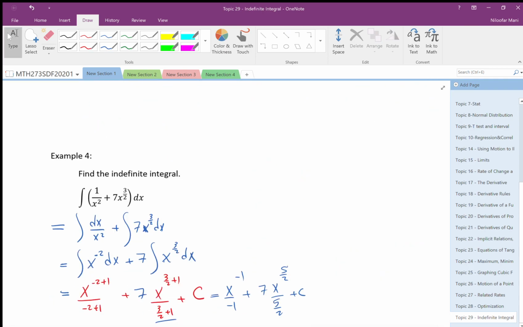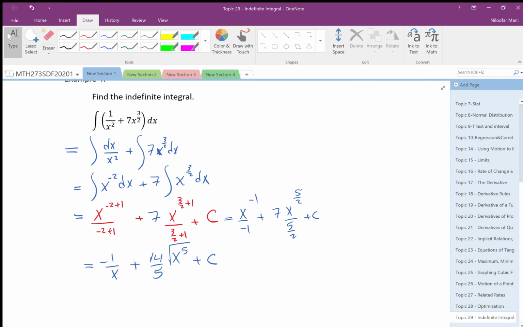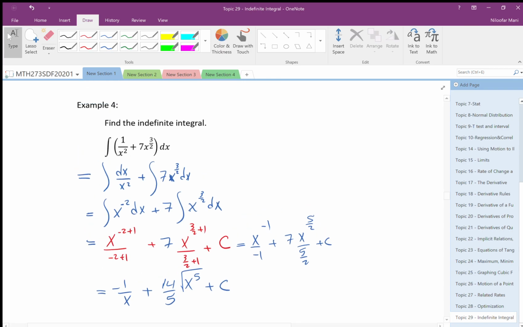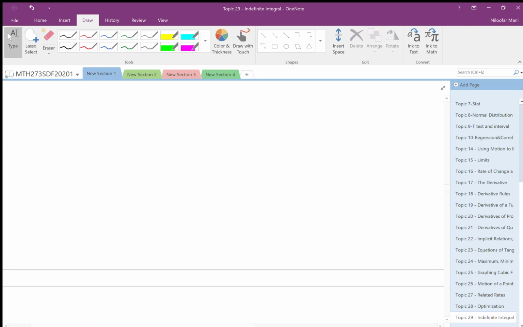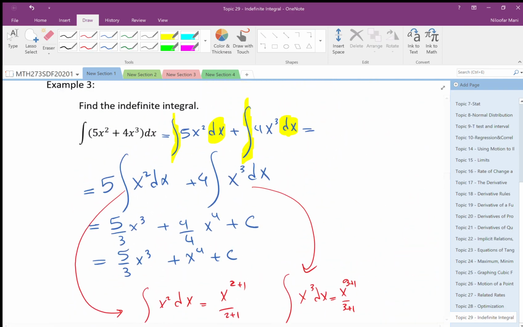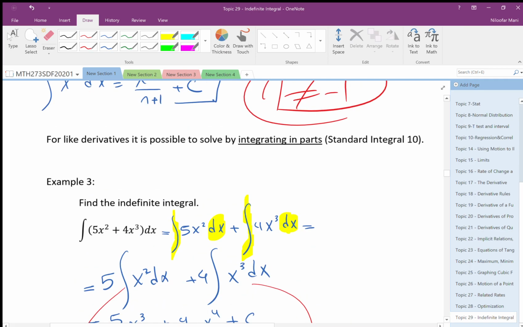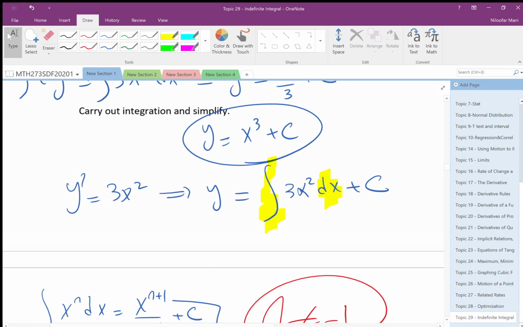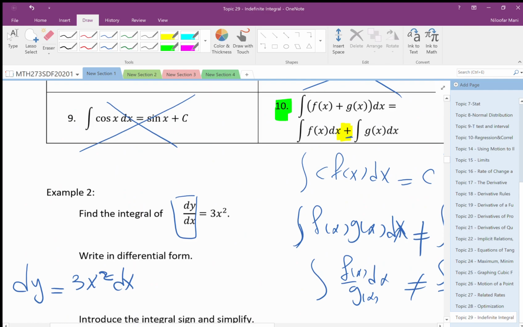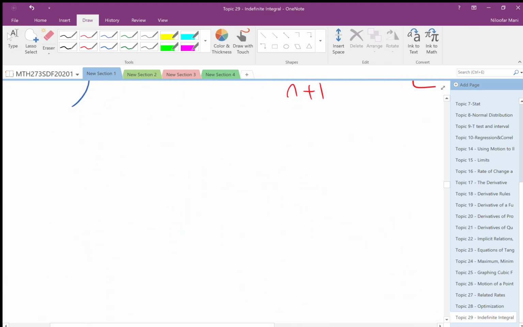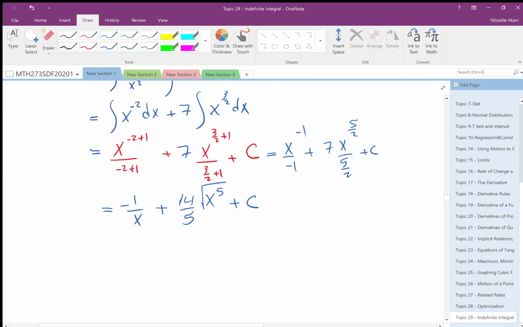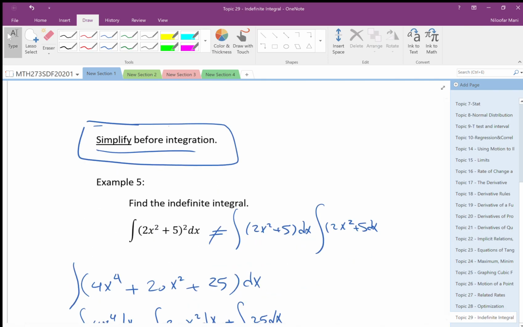And now I do these examples. If I have a term in the denominator, I bring it up and change it to a negative exponent, and then I can use my formula. Here I don't see anything in the denominator. How about here?